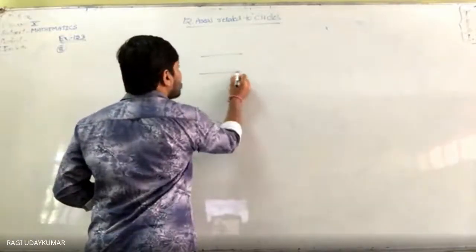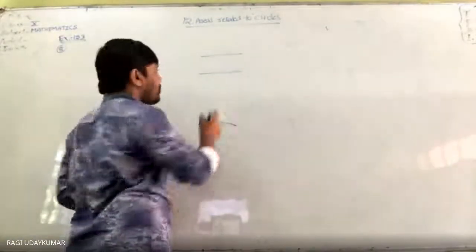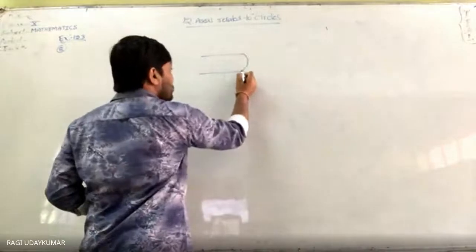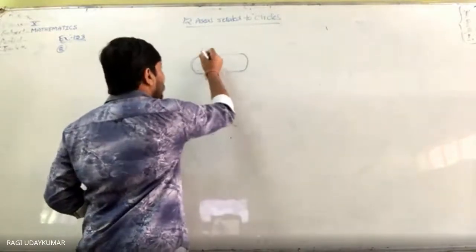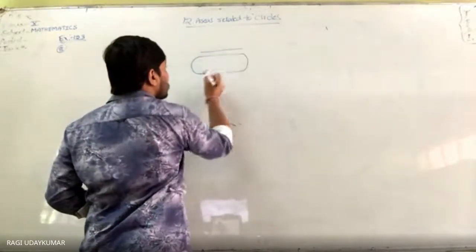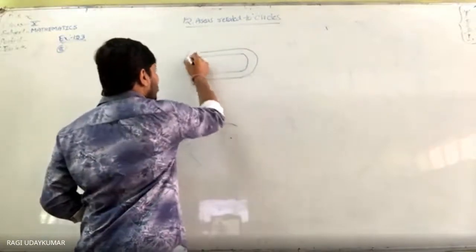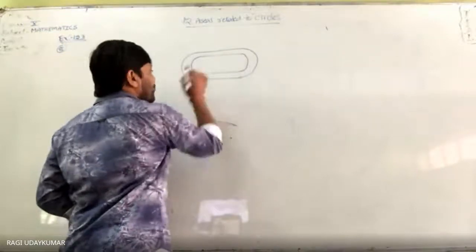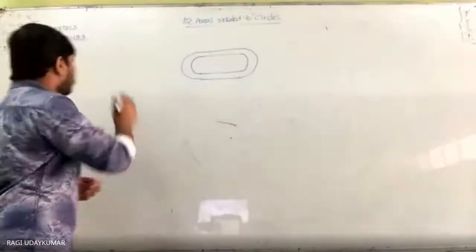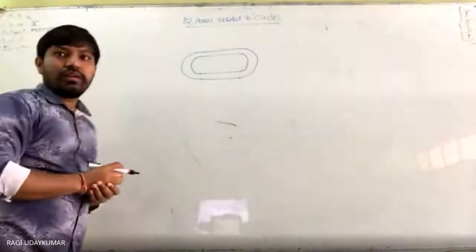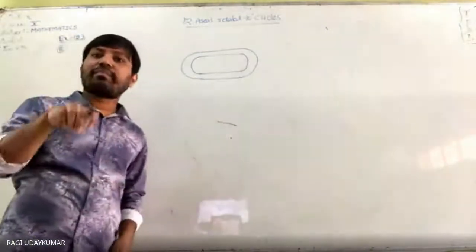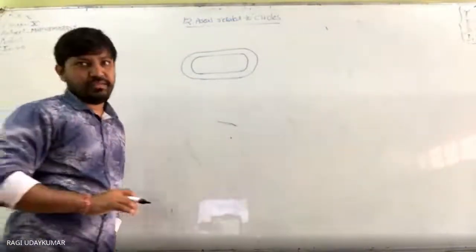Two parallel lines, and here circular ends, and here also two parallel lines and the circular ends. And what is given to you in this problem? The distance between the two inner parallel line segments is 60 meters.